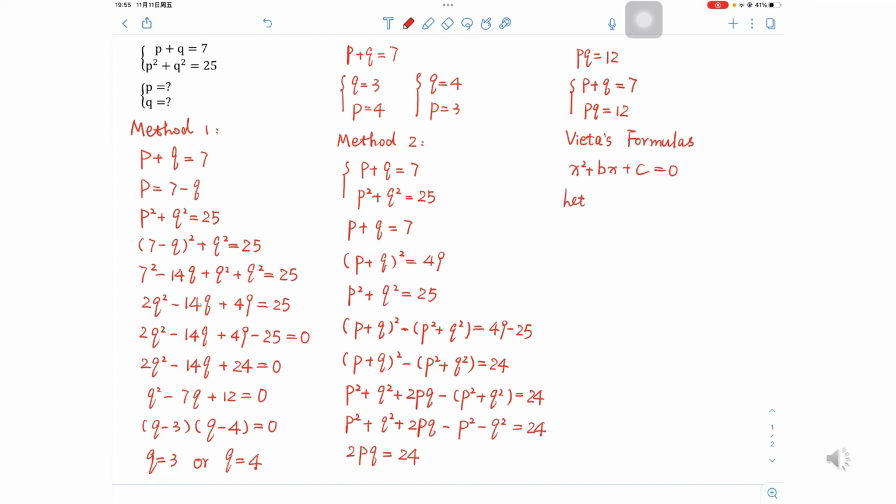Let p and q be the roots. According to Vieta's formulas, p plus q equals negative b. P times q equals c.